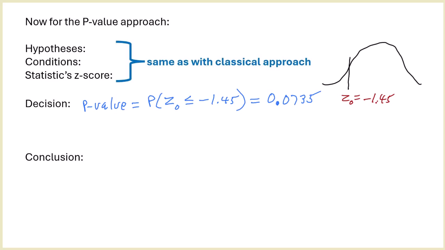Which is more detailed, the classical approach or the p-value approach? P-value, yeah, I agree. Because looking at that 0.0735, man, I'm getting pretty close to 0.05. With the z-scores, you're just saying it either is less than that or it isn't.